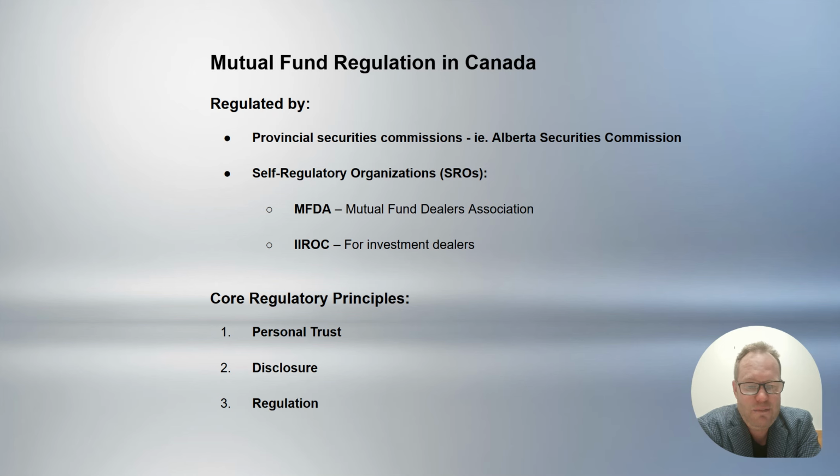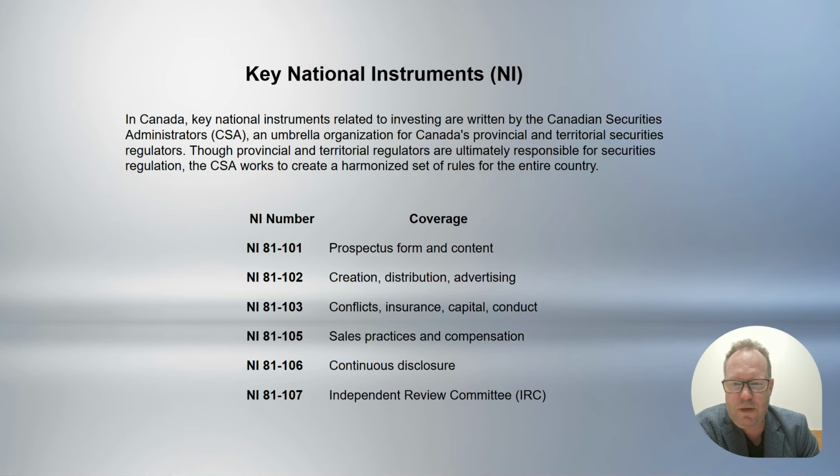But for the examination, please remember what is listed in your textbook is what you're responsible for studying. So those are the two levels of regulation in Canada. The core regulatory principles that everyone must follow are that there must be personal trust, there must be disclosure, and there must be regulation. Those are the three core regulatory principles that every organization would fall back on to ensure that the industry is performing the way it should be.